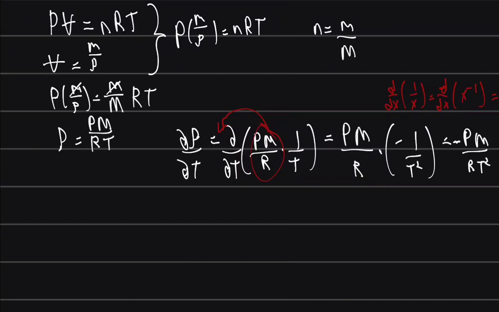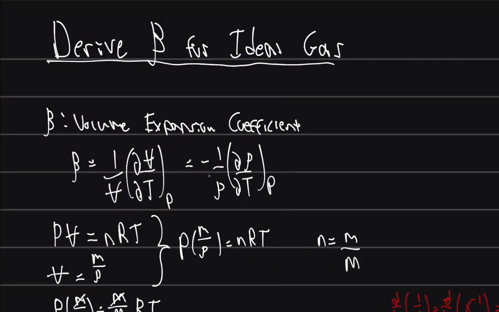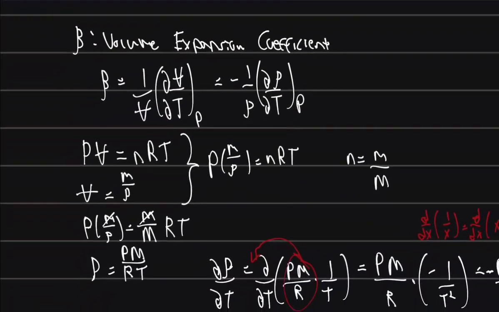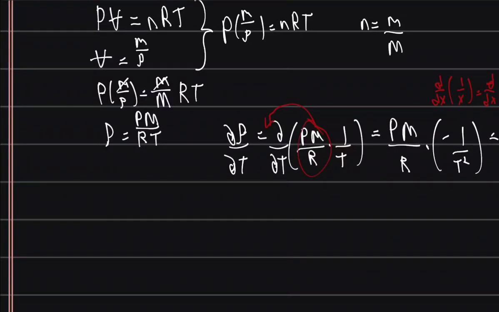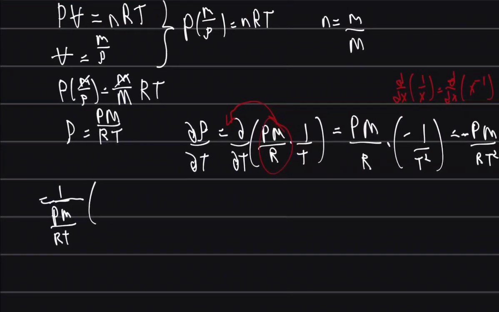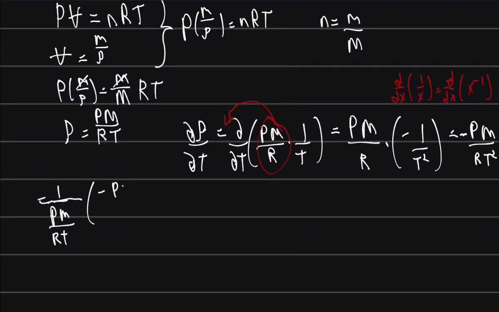Okay, but we want negative 1 over the density. So negative 1 over, hey, that's the density right there, Pm over RT, times negative Pm over RT squared.